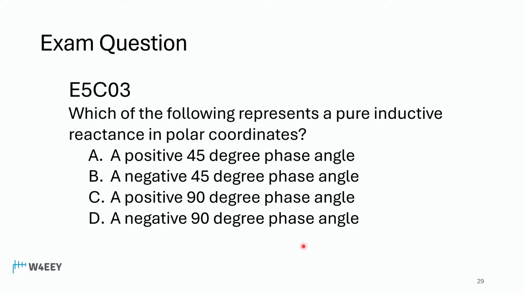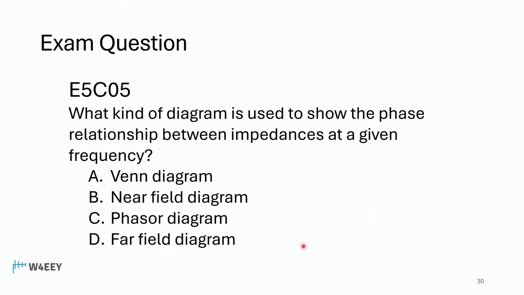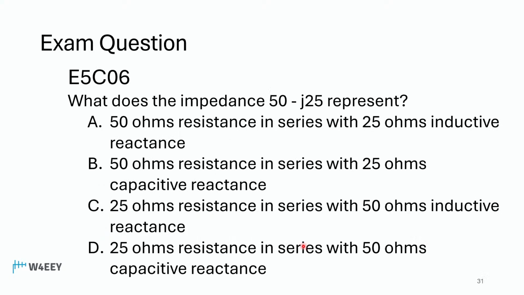Pure inductive reactance. Charlie. It is Charlie, yes. Positive 90-degree phase angle. Be right on the line there. Good, you're doing great. What kind of diagram is used to show the phase relationship between impedances at a given frequency? Charlie. Charlie, yes, phasor diagram.